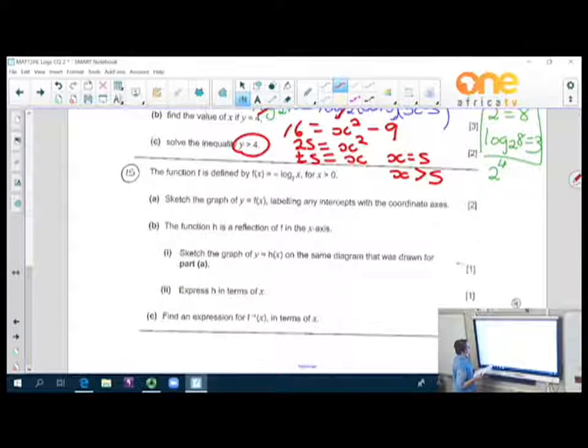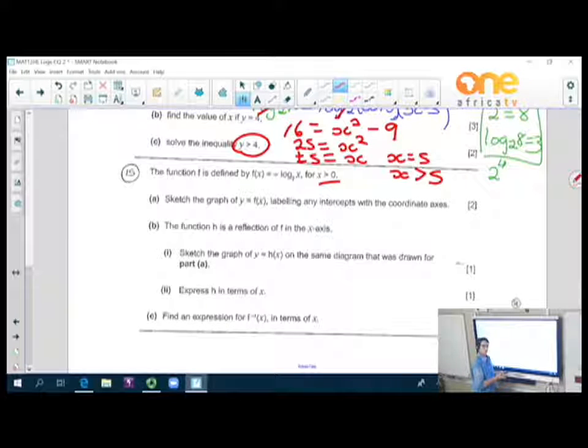Question 15. The function is defined by f(x) equals negative log base 2 of x for x more than 0. This is what log should be. Sketch the graph, labeling any intercepts with a coordinate axis. Now, how do I get those coordinates of the axis?